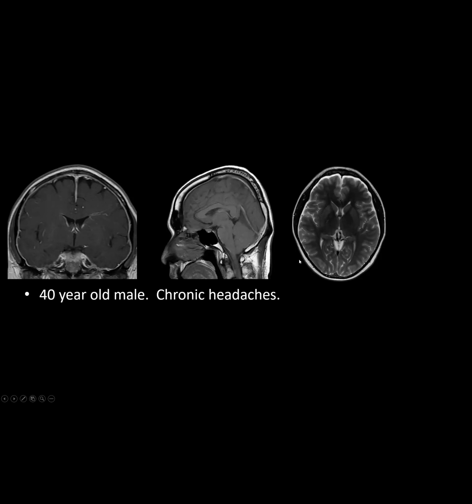What do you think this is in the guy with chronic headaches? It looks like there's a Chiari 1, because of the low-lying tonsils, but also maybe chronic subdural hematomas. This is actually an example of intracranial hypotension.